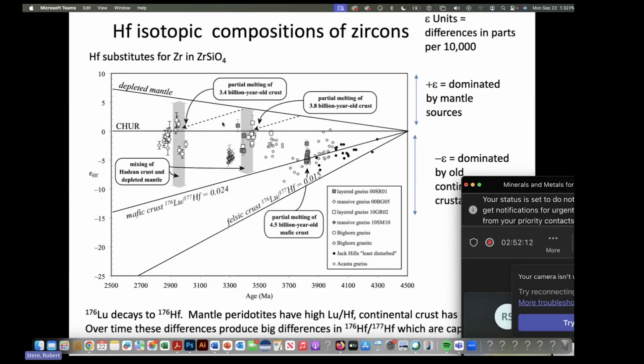And as things go to lower ratios, we infer that it's more partial melting of old crust that's involved. So we can extract information about the sources of the igneous rocks, and many ore deposits are also related to those sources. So that's of interest as well.